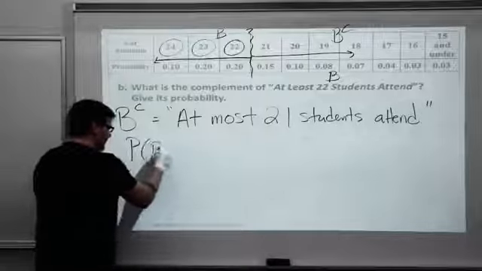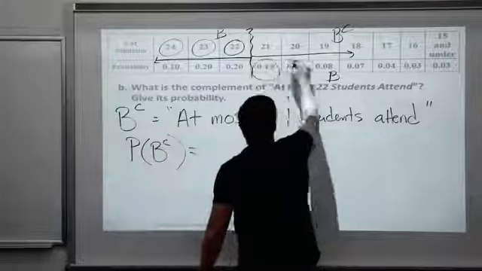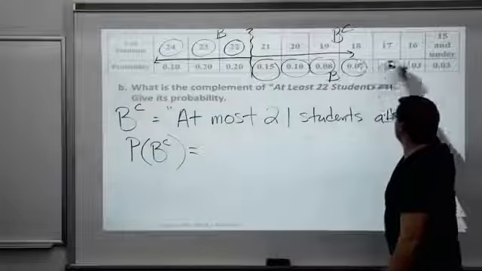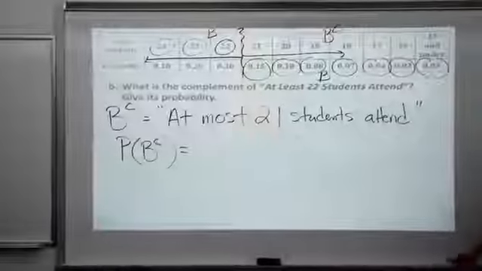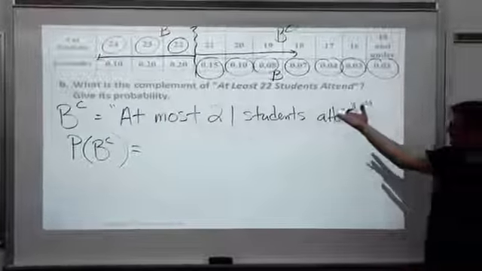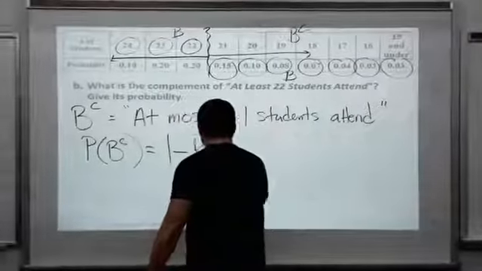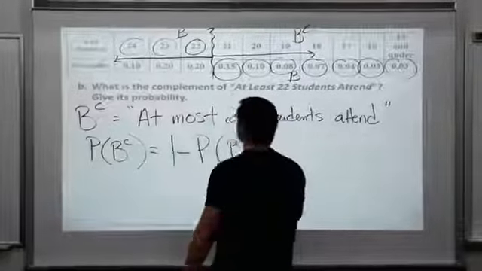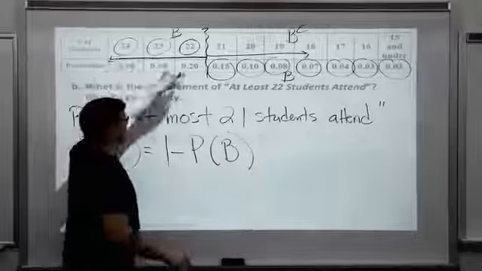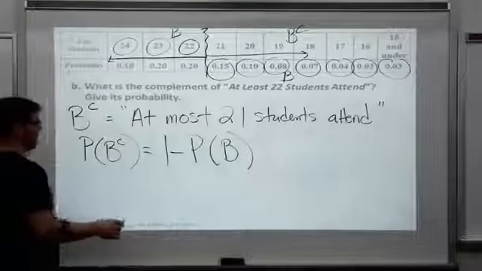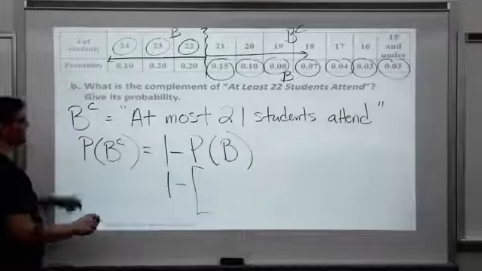Probability of B complement. Couple ways to tackle it. If you want, you can add up all the probabilities on this side of the fence. I don't know what's quicker. I mean, that will get us the right answer. To review the rule, it's 1 minus the probability of B. B is everything on this side of the fence. It's 24, 23, or 22 students showing up. So this is 1 minus, let's put some big old parentheses here.